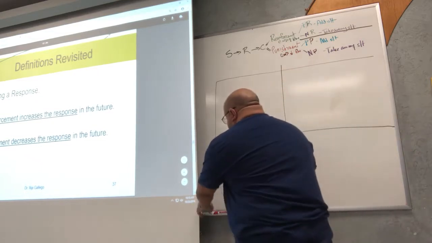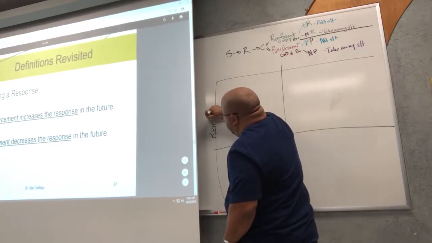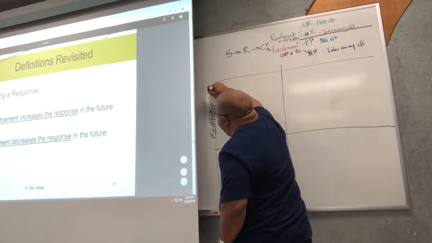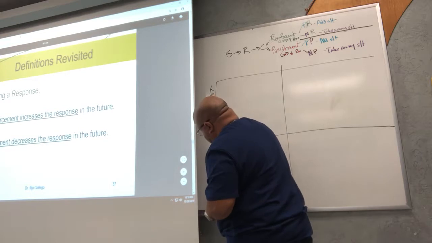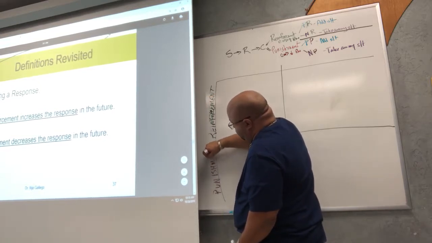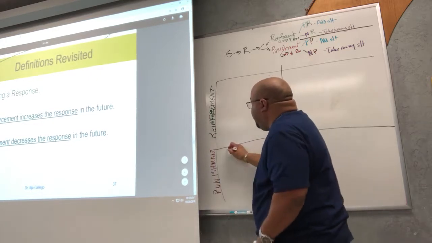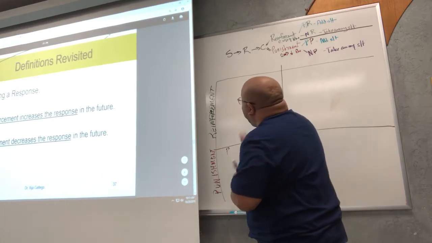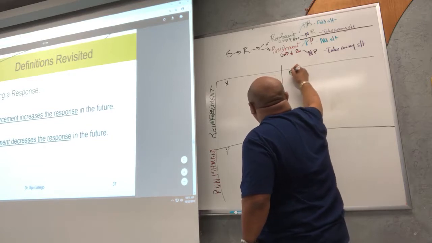And I'm going to put reinforcement here, and punishment here. So in other words, here and here I'm going to talk about punishment, and here I'm going to talk about reinforcement.